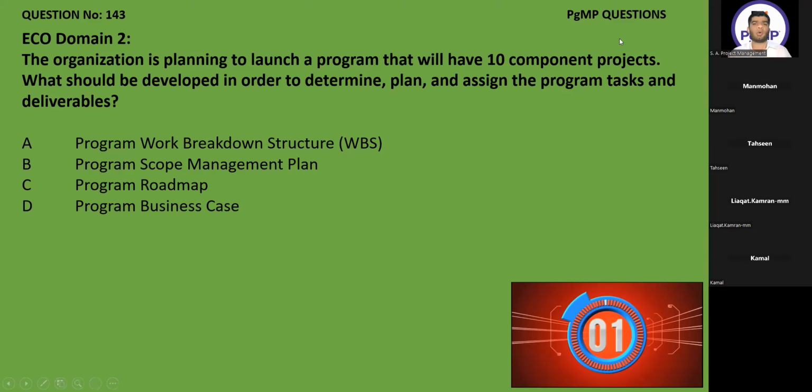If he is asking only about program task, activities, deliverables, nothing to do with when it will be delivered or when the milestones are, the answer is program work breakdown structure. But if he asks you something which tells when the activity will be delivered, or when we will get the key milestones, the answer will be the roadmap. So here the correct answer is A, program work breakdown structure.